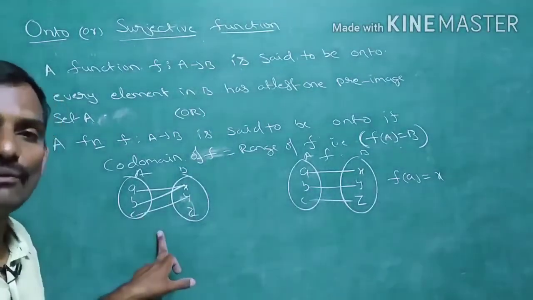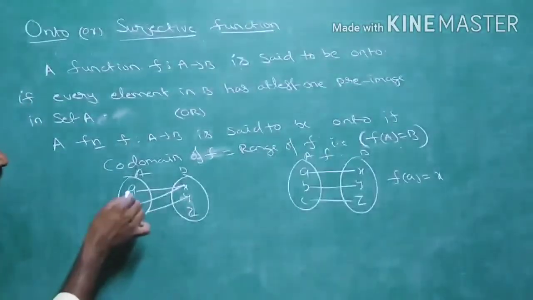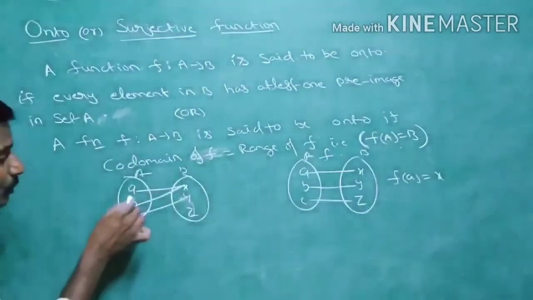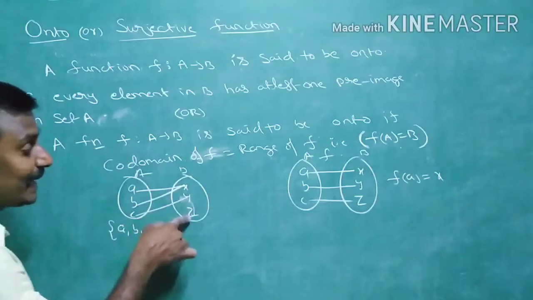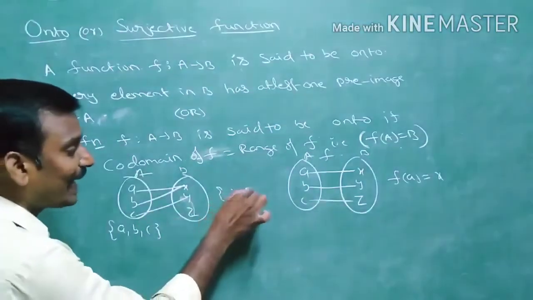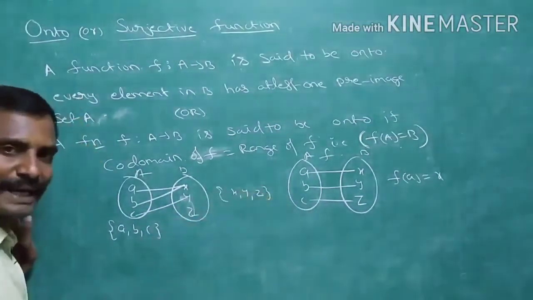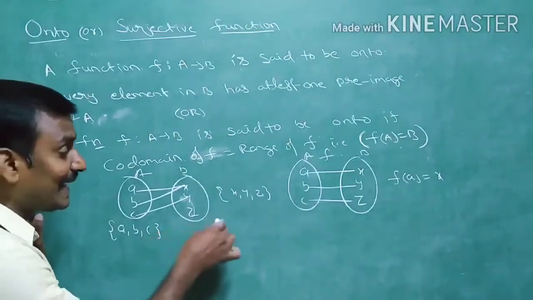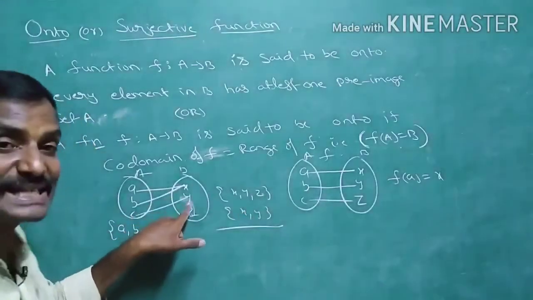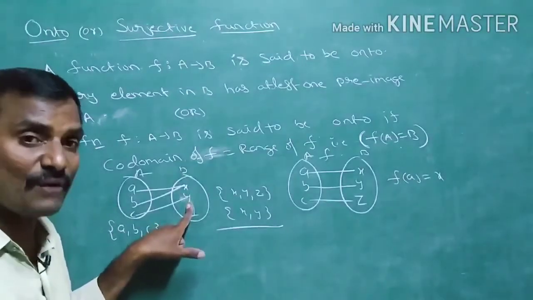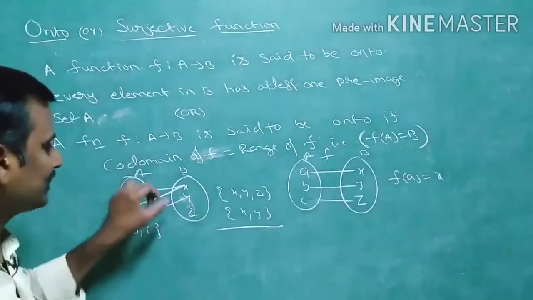What's the domain here? Domain is ABC. Codomain is XYZ. Range is only X and Y. What is the range? The set of f images is called the range.